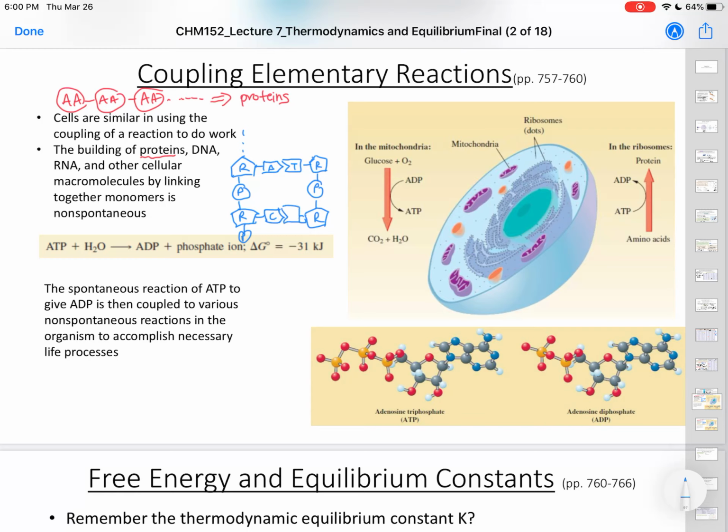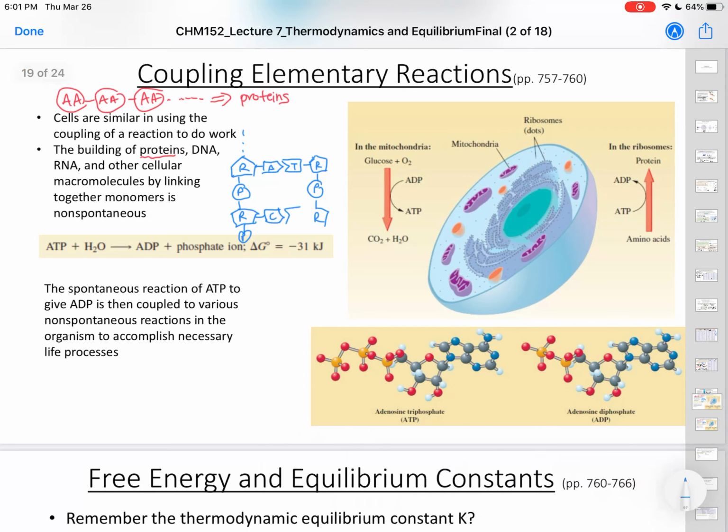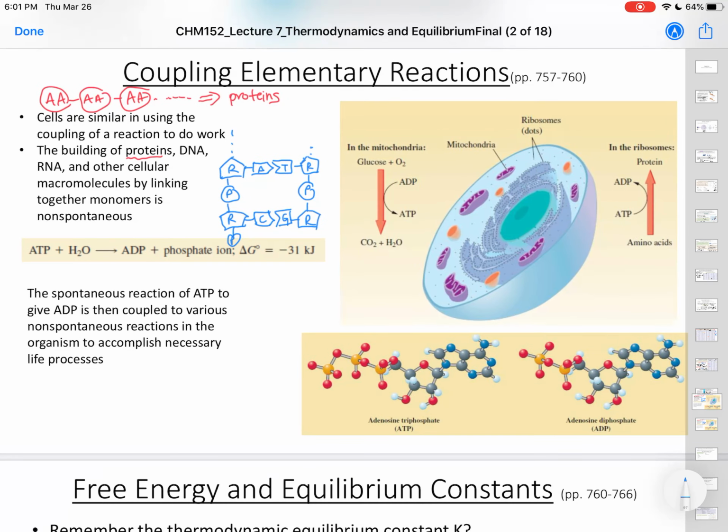And you have base pairs. Maybe you have a C and a G. So if you've taken biology, this should be review, okay? And you can always look in your biology textbook to see what this looks like, okay?